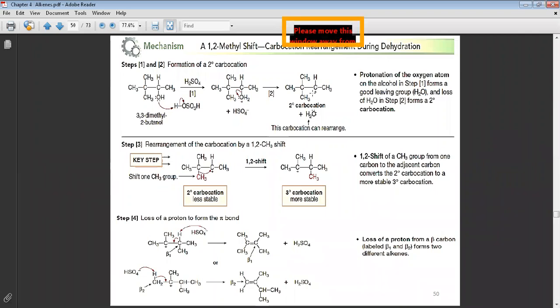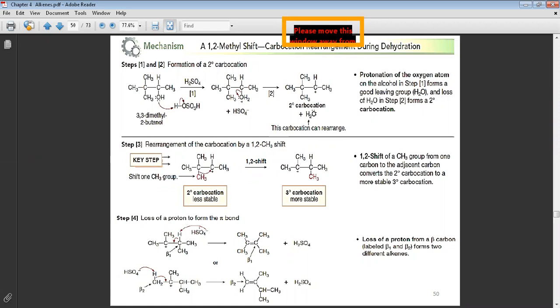Moving this alkyl group from here to here gives you a tertiary carbocation, so rearrangement can happen here, converting the secondary carbocation to the tertiary carbocation by a 1,2 alkyl shift.